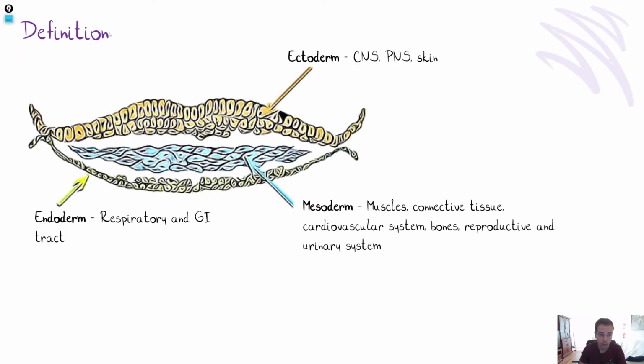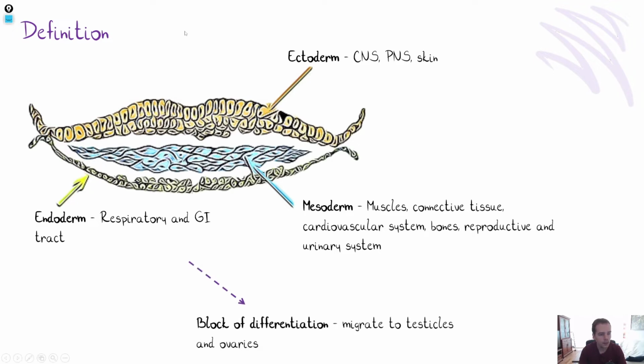But apart from that, there will be a group of germ cells which do not differentiate. They stay on the level of immature totipotent germ cells. So there is a block of differentiation in this group of germ cells, and they subsequently migrate to developing testicles and ovaries.